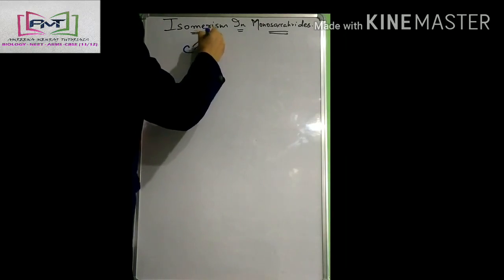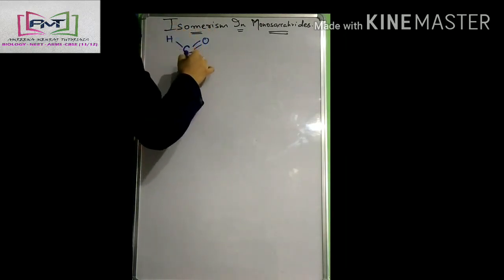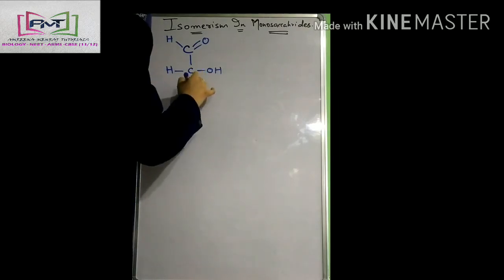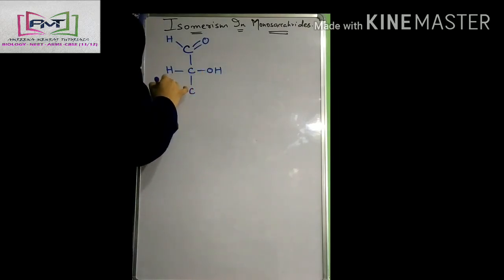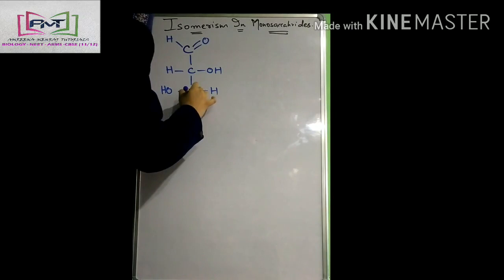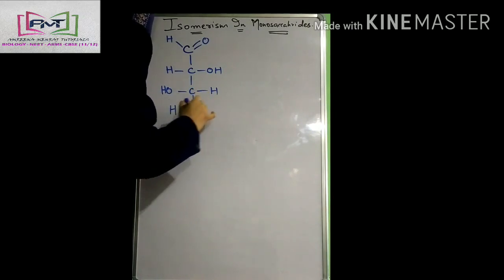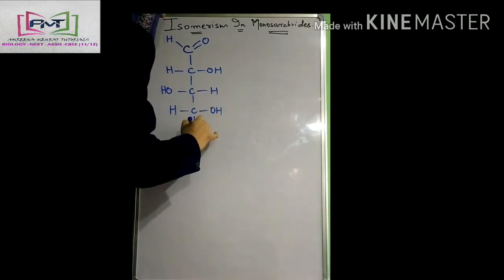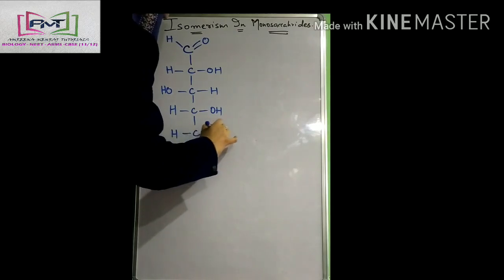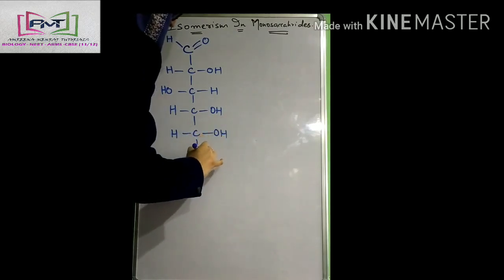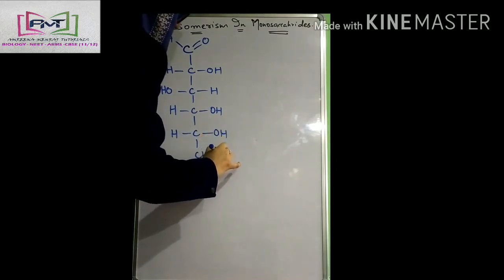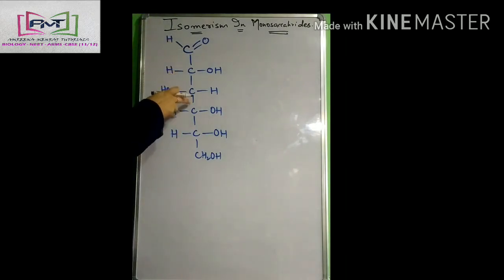So this is C double bond OH, then CHOH, COH H, CHOH, CHOH, CH2OH. 1, 2, 3, 4, 5, 6 carbon polyhydroxy with an aldehyde group.